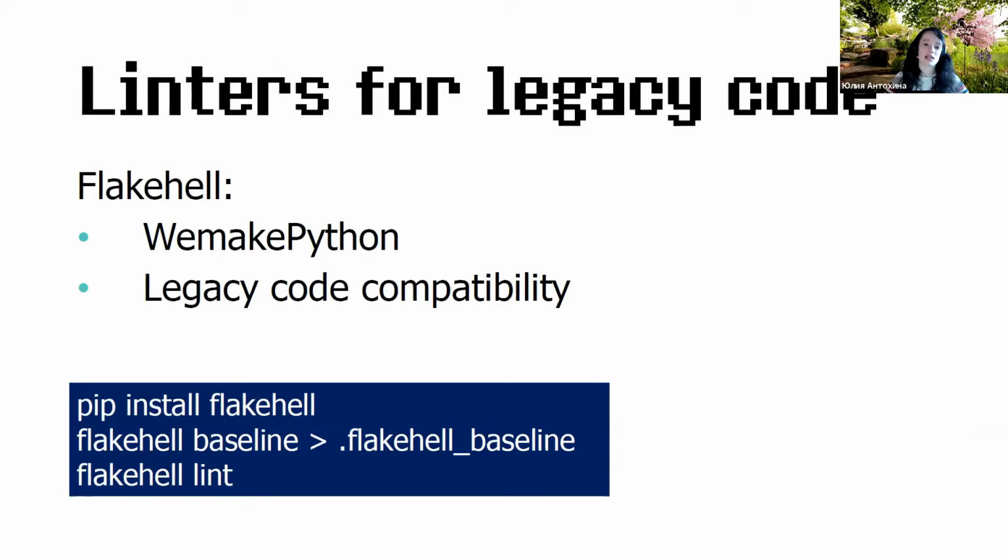The library creates a baseline file, and then the linter will check only the code which is new, and it will be easy to incorporate step by step, fixing some problems, and then it will not take you a lot of time to start using the linter.